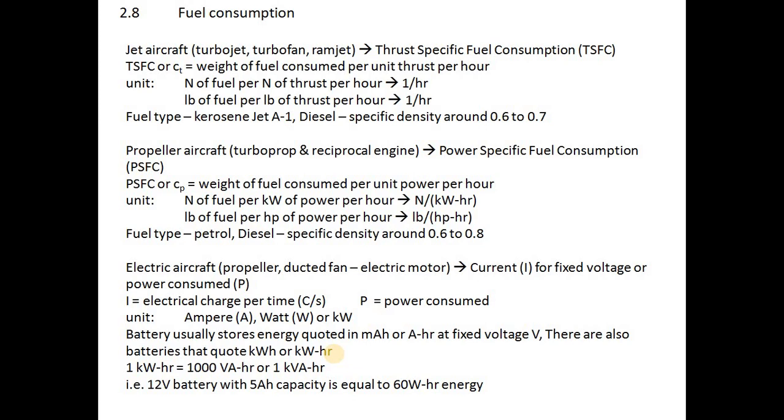But for hobby UAV, small UAV, it's more convenient to quote in milliampere hour, because it's easy. You imagine you just cruise the aircraft with the voltage fixed, and you just measure the current that is consumed. So from there, you know how many hours you can go.